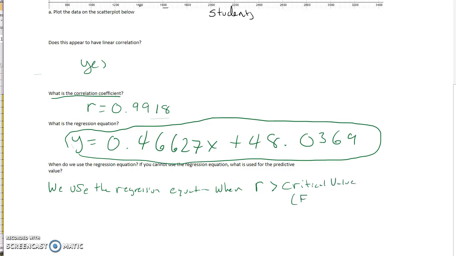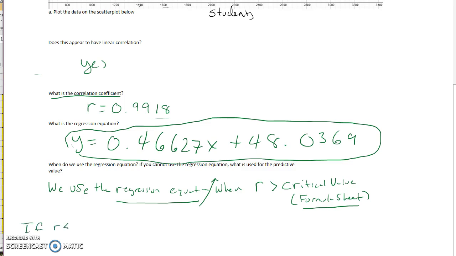And this is on the formula sheet. We'll talk about this more in class, but on the back of the formula sheet, you'll see a table of values. That helps us to determine whether our R value is strong enough to use the regression line or not. So we'll use this equation right here when the R is greater than our critical value.